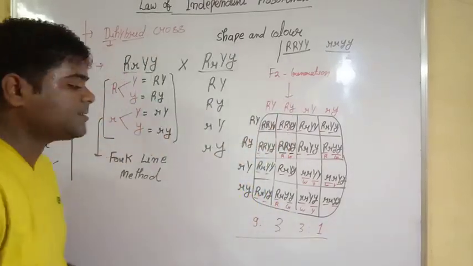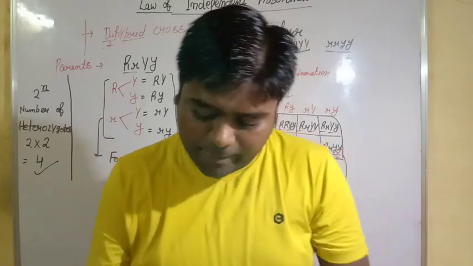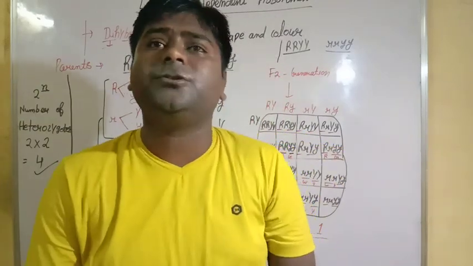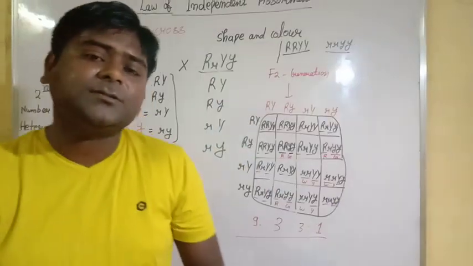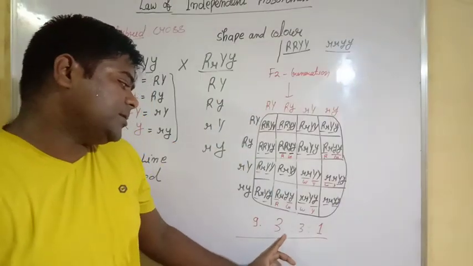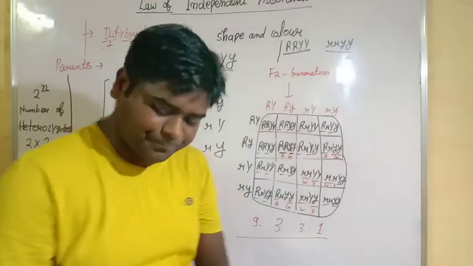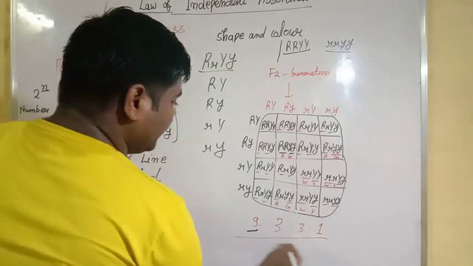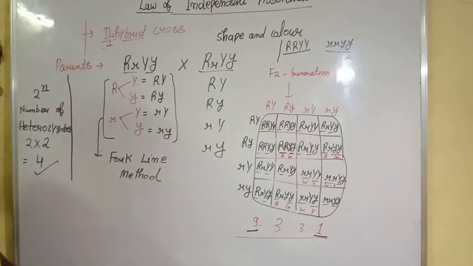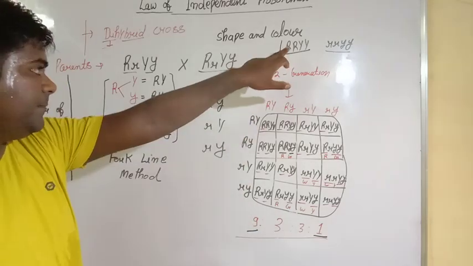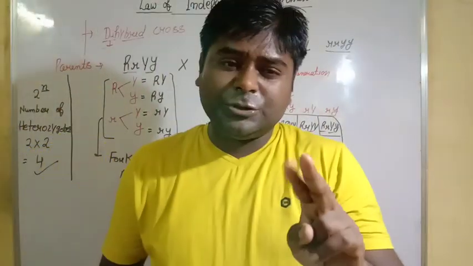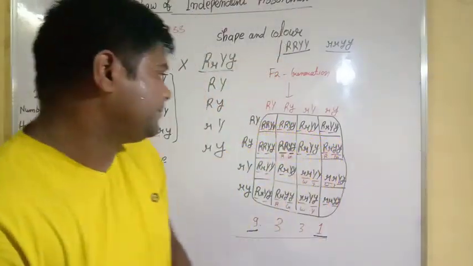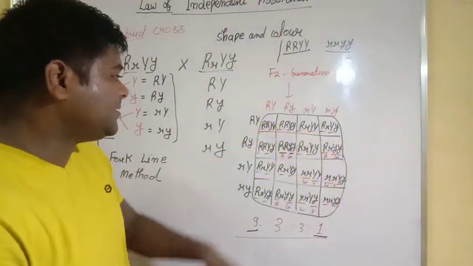So this is the phenotypic ratio, my dear students. The phenotypic ratio that Mendel got, what we have understood, is 9:3:3:1. We had the parents, but we got 2 new combinations. What were the new combinations?